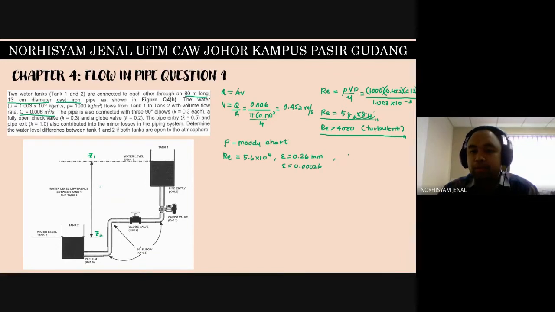Then we need the relative roughness, the roughness divided by the diameter. So 0.00026 divided by 0.13, and you get the answer to be equal to 0.002.